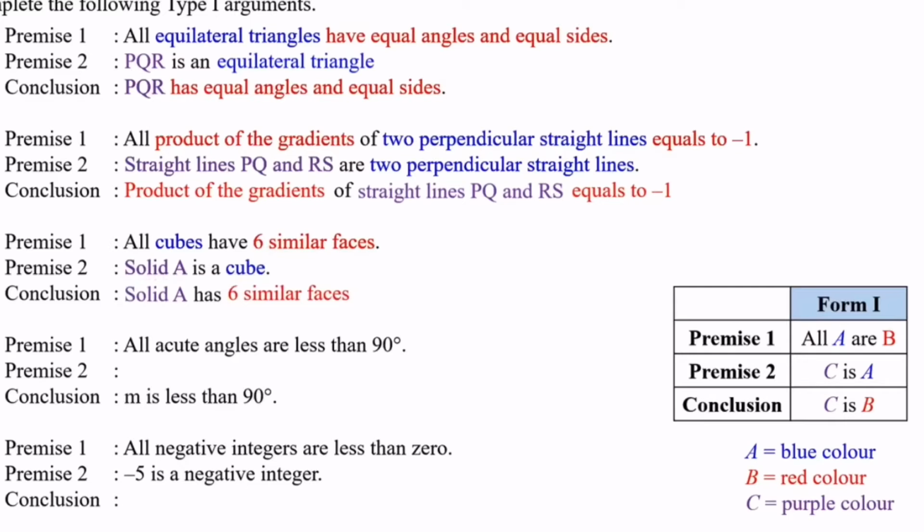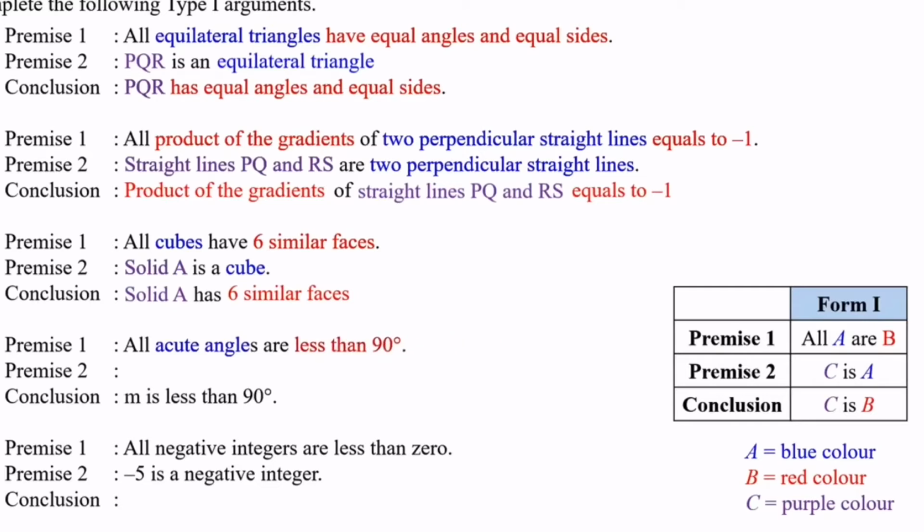Alright, let's see the next one. You're asked to solve this question. Let's see how to identify our A. We use a blue color, and the B we use a red color. Acute angle is A, and B is red color, less than 90.